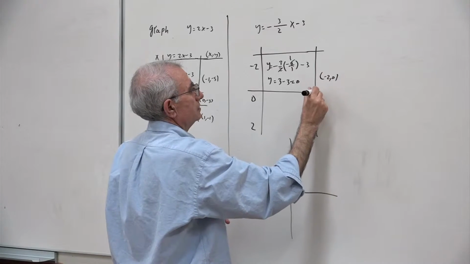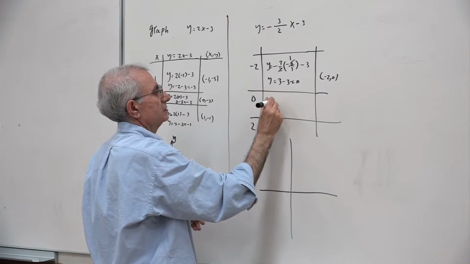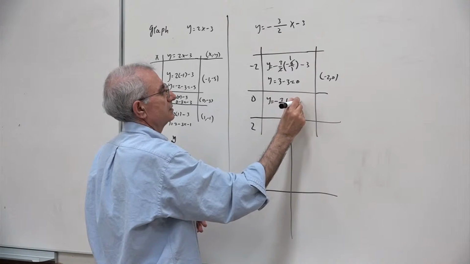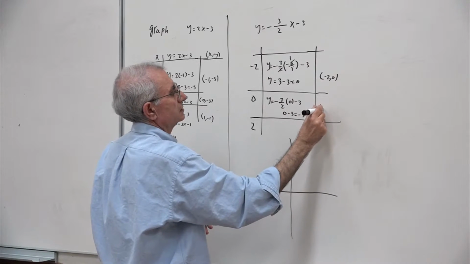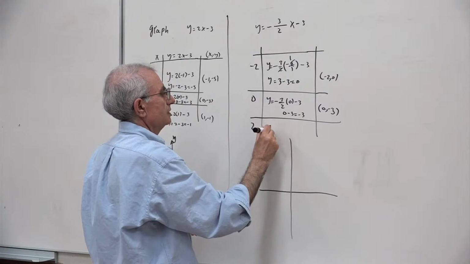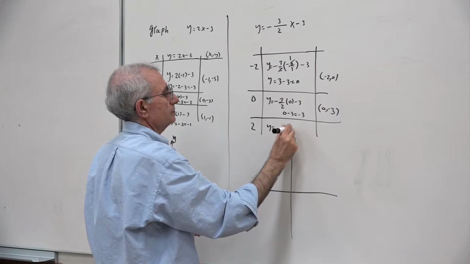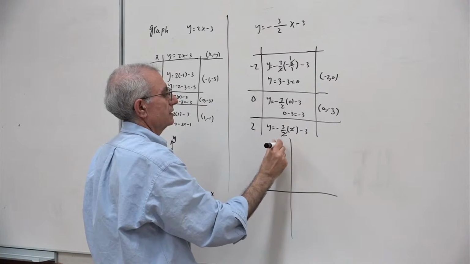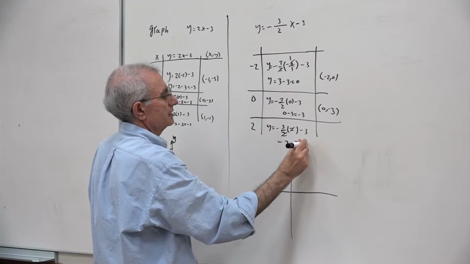y is 0. Then substitute 0 for x: y equals negative 3 halves times 0, minus 3. That gives you 0 minus 3, which is negative 3. So 0, negative 3. Put 2 in: y equals negative 3 halves times 2. The 2s cancel, you get negative 3 minus 3, which is negative 6.